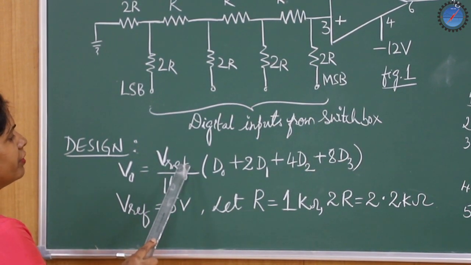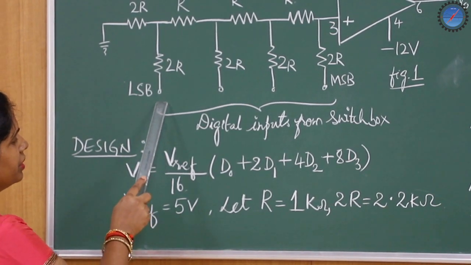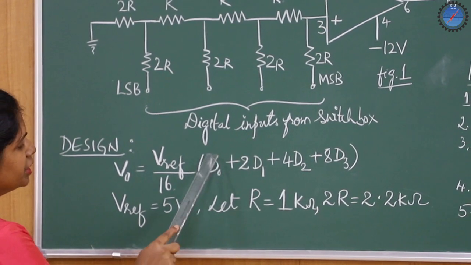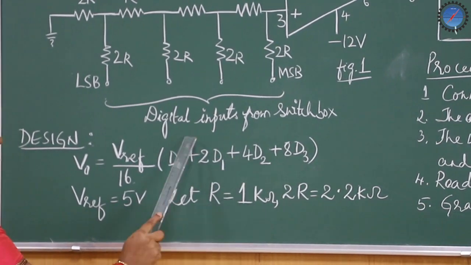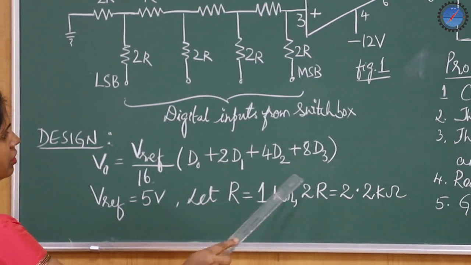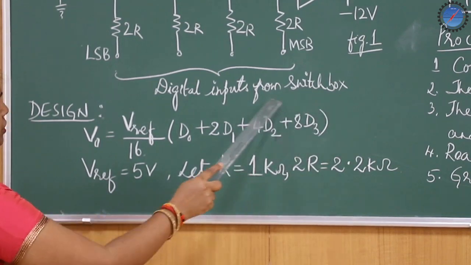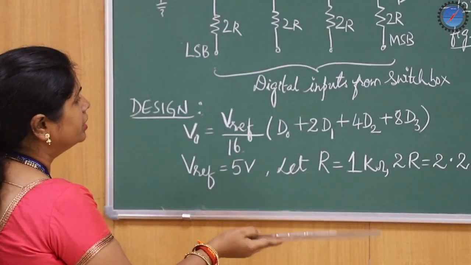V reference is our voltage VR, which is 5 volts, divided by 16 into D0 plus 2 into D1 plus and so on. D0 to D3 are the input bits. So by using this equation, you can find out the output voltage in analog form theoretically.